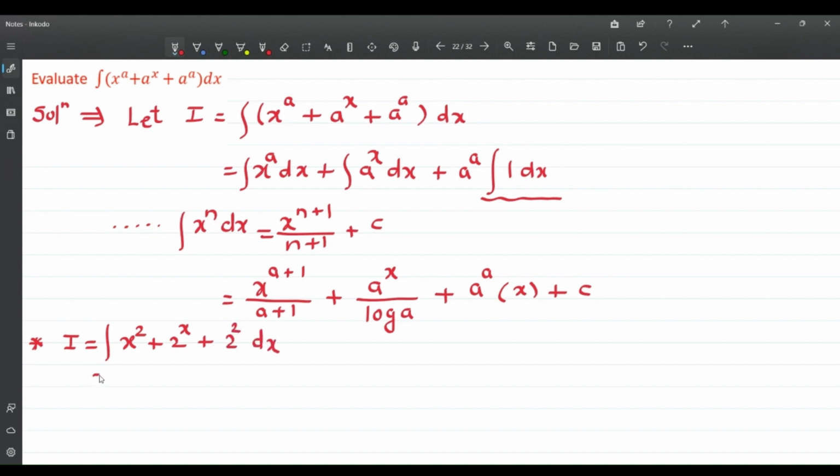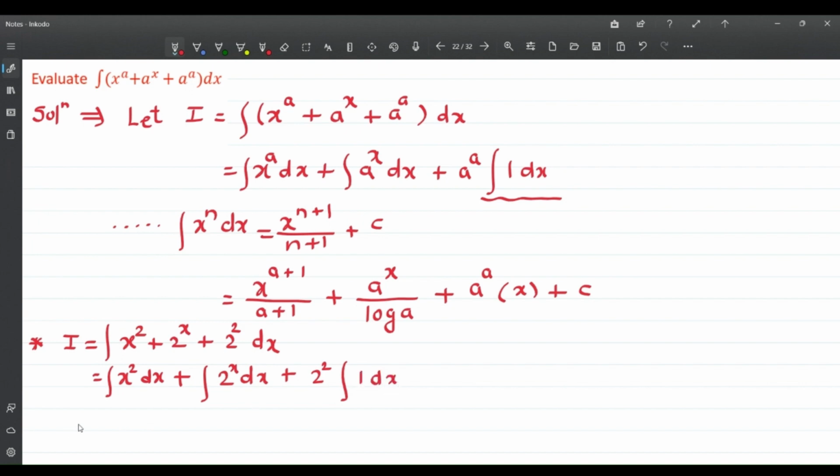First we have to separate this integration, that is, take integration and dx to each and every term: integration x square dx plus integration 2 raised to x dx plus integration, here this 2 and 2 will be constant, therefore it is out of integration, 2 raised to 2 times 1 dx.